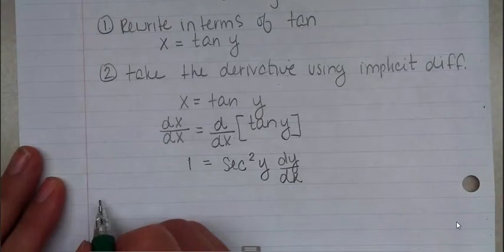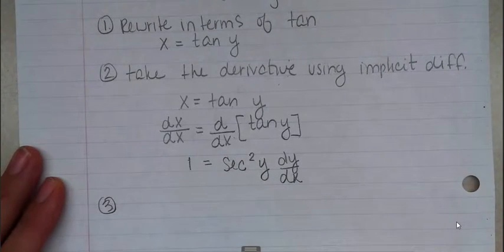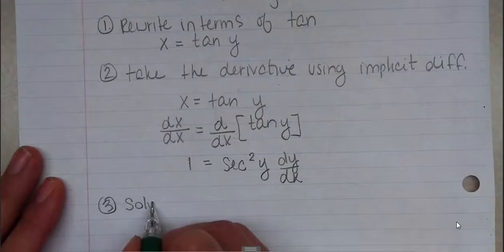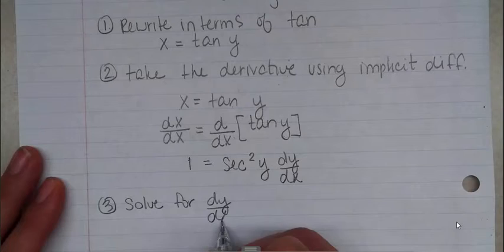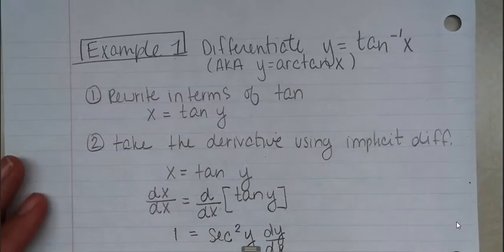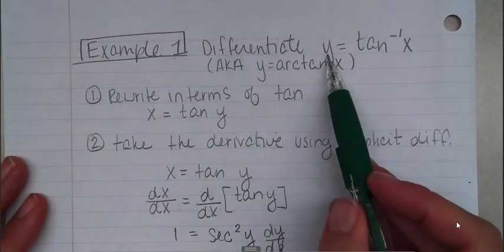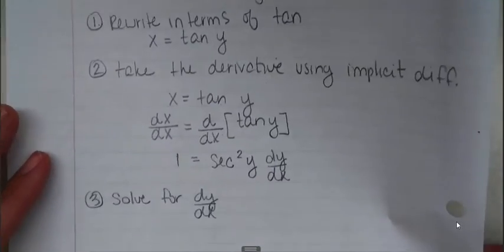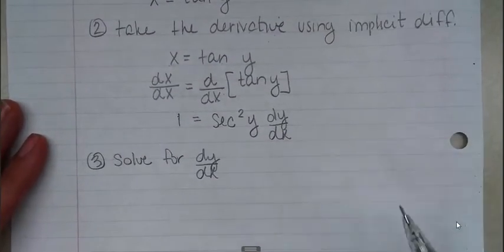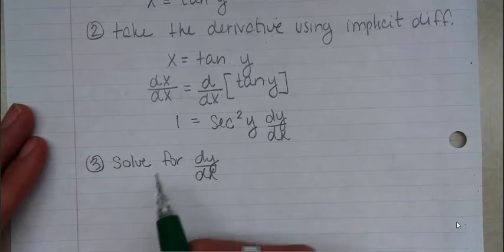All right, next step. Step 3. We are now going to solve for dy/dx. Because originally what I wanted to do was take the derivative of y with respect to x. So I'm using inverses to help me, and I'm using implicit differentiation to help me.